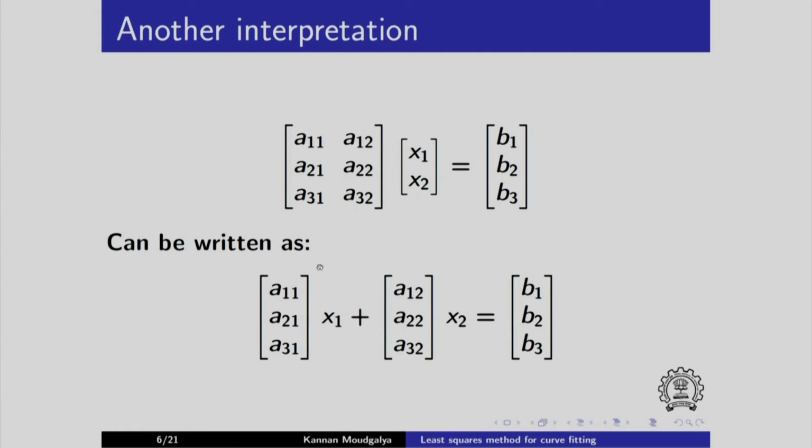We can write this as follows: the first column multiplied by x1, the second column multiplied by x2. You can multiply these two and verify that you indeed get this system. Once again, what is the geometric meaning?